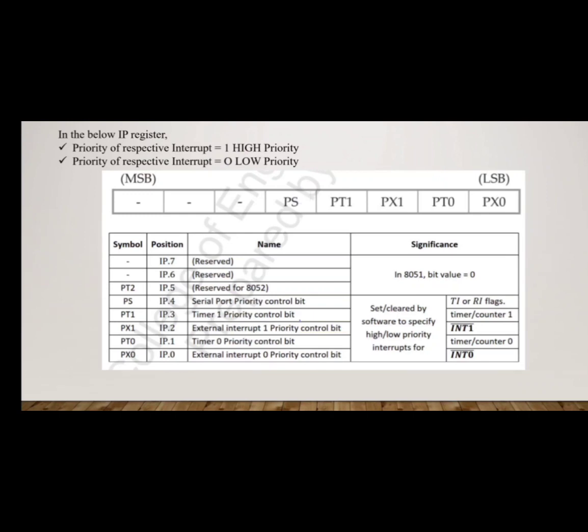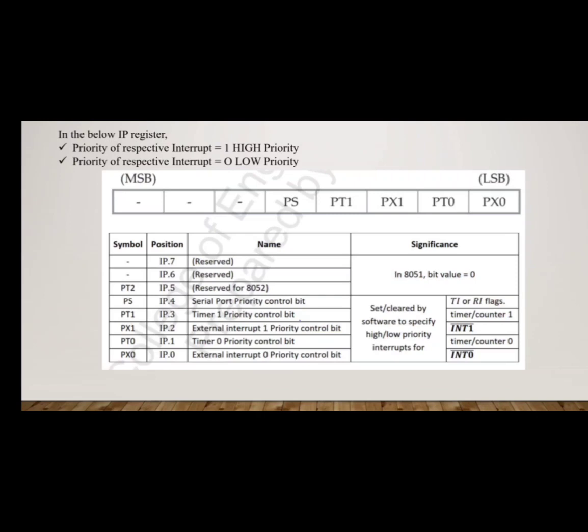Then we have IP4, PS, the serial port priority control bit. It is set and reset by the TI or RI flag. If it is set, it has higher priority. If it is cleared, it has lower priority. It is done by software. Then IP3 is the timer 1 priority control bit, controlled by timer or counter 1. Then PX1 is the external interrupt 1 priority control bit, controlled by INT1.